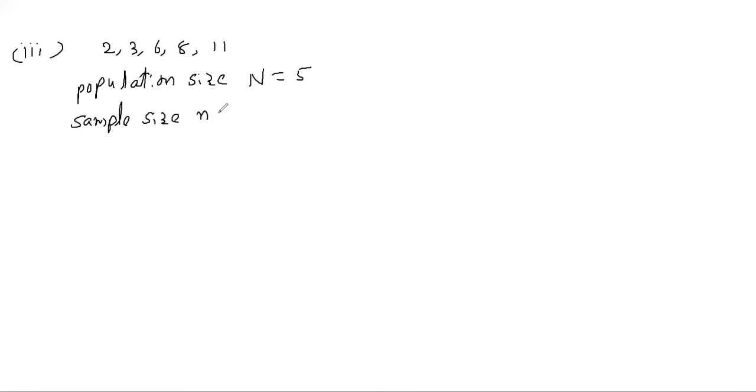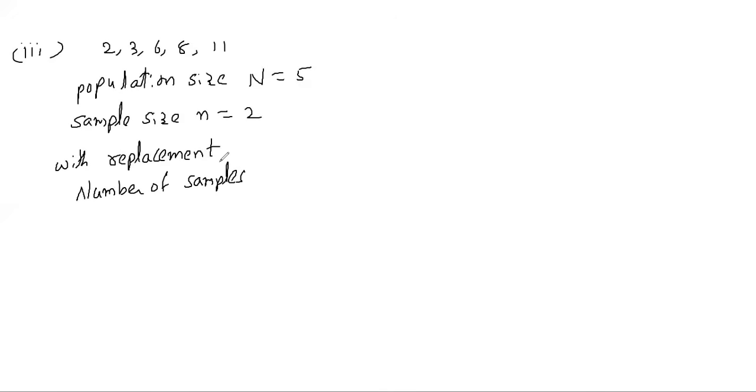Sample size, I'm writing sample size as small n. How much is said? Take 2. Sample size is 2, with replacement; it is said in the question itself. So with replacement, number of samples.